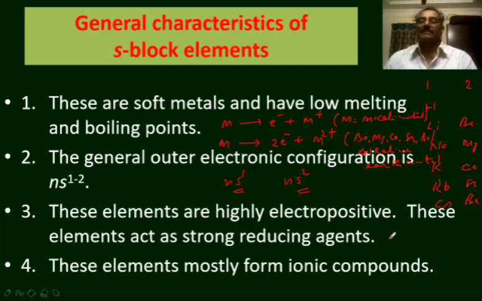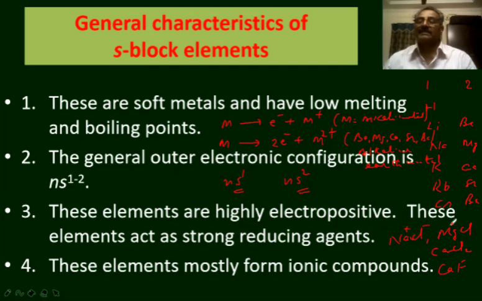The typical examples of ionic compounds are sodium chloride, magnesium chloride, calcium chloride, calcium fluoride, etc. These are all the ionic compounds which are made by ions.